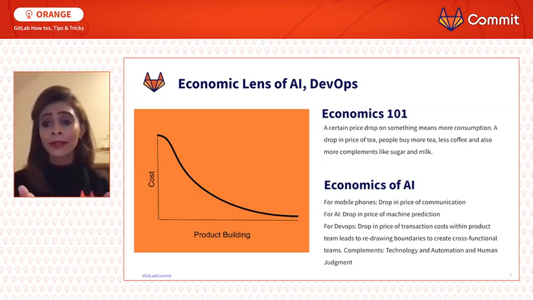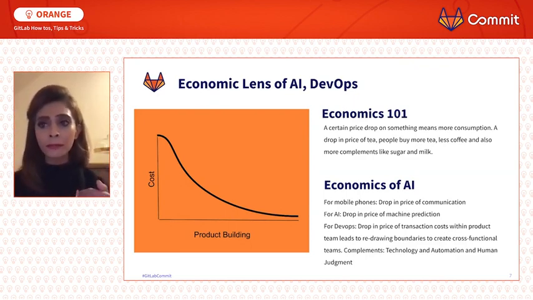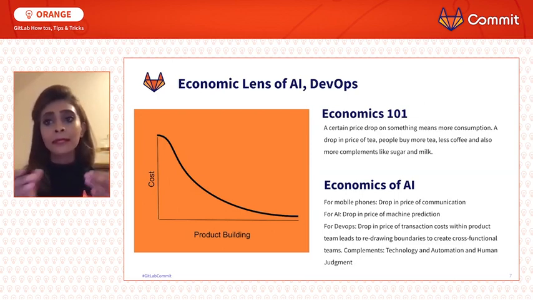For example, with tea: if there is a price drop in tea, people buy more tea, it is substituted by coffee, and people end up buying more sugar and milk, which are complements of tea. Now, what does that theory actually mean for AI, DevOps, and all this technology?